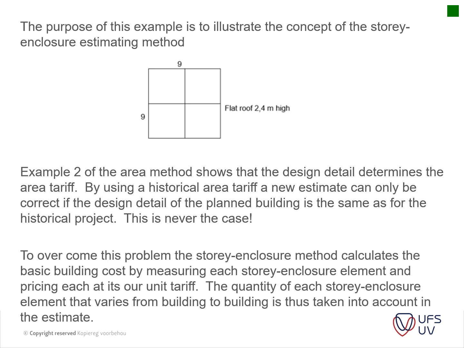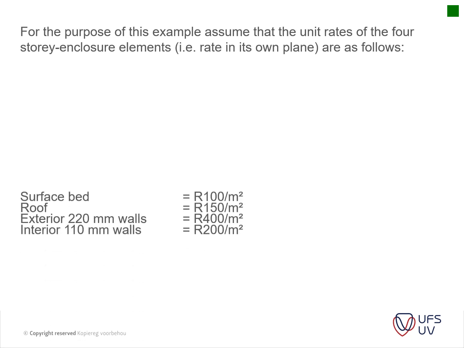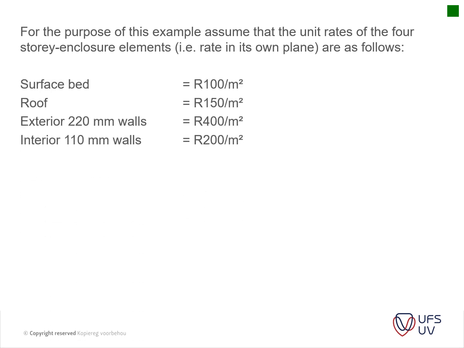The quantity of each story enclosure element that varies from building to building is thus taken into account in the estimate. So for the purpose of this example, assume that the unit rates of the 4 story enclosure elements, i.e. the rates in its own plane, are as follows. This is the historical data of the building.